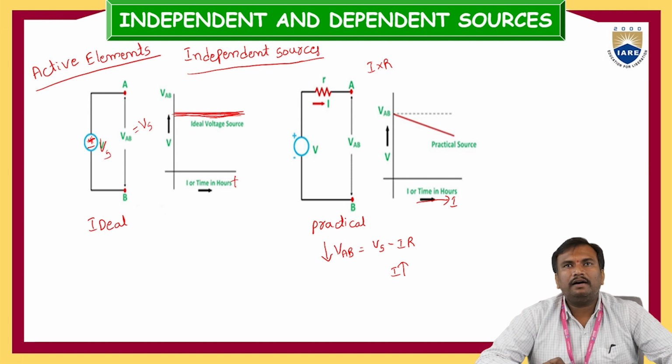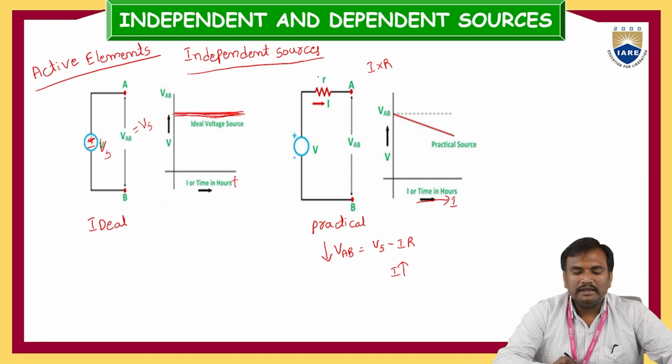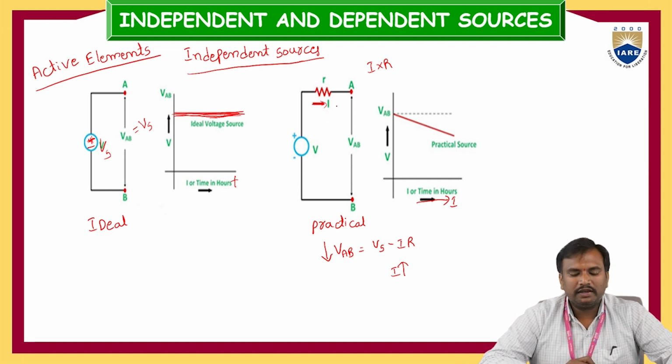Whereas when we go with the practical source, there is a resistance in series with the voltage. Some current will flow through it.